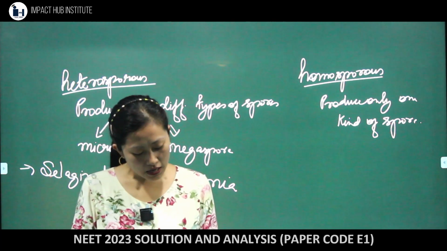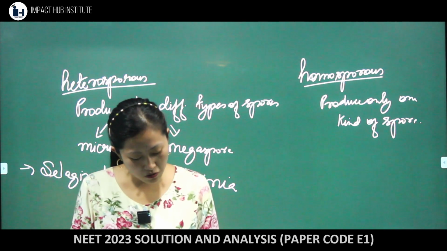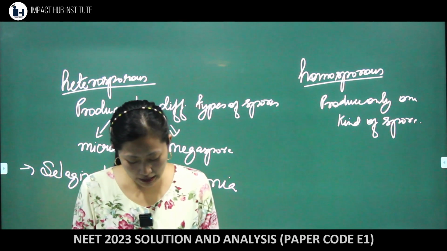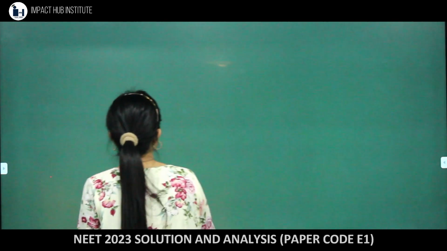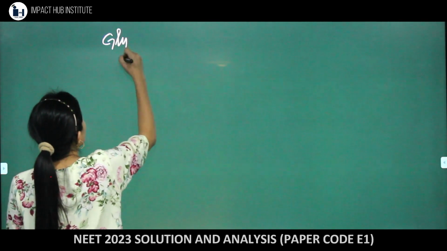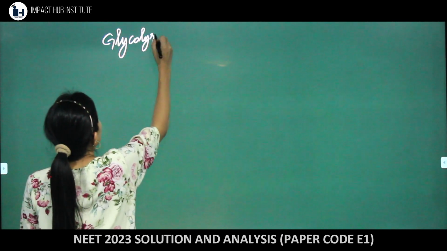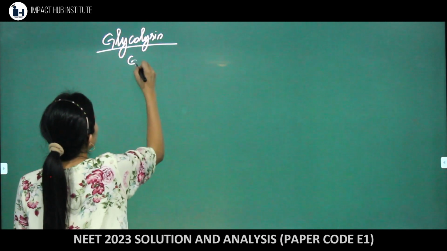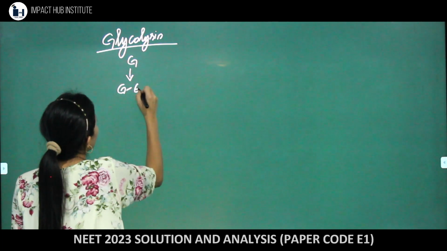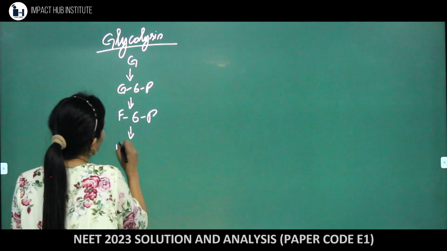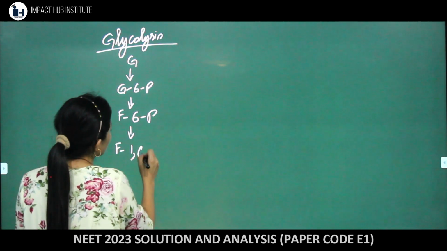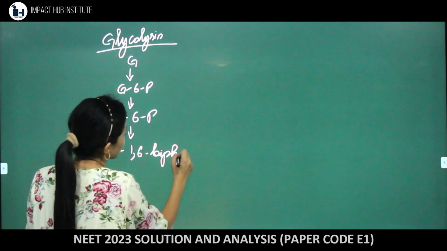Question number 135. Assertion and reason. Assertion says ATP is used at 2 steps in glycolysis. So this is from the respiration chapter, glycolysis. In splitting of glucose, glucose will first change into glucose 6-phosphate, then into fructose 6-phosphate, then into fructose 1,6-bisphosphate.